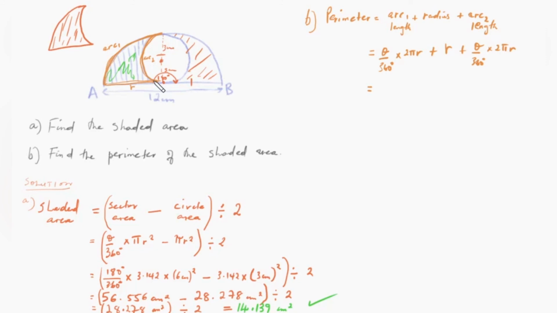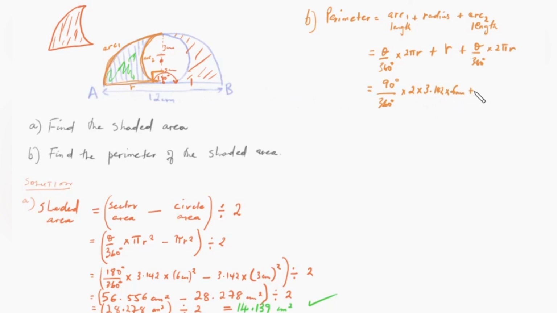So we are going to use theta here, which is 90 degrees. So we're going to have 90 degrees over 360 degrees times 2 times 3.142 times radius. Radius is what? Radius is this one, which is 6 centimeters.